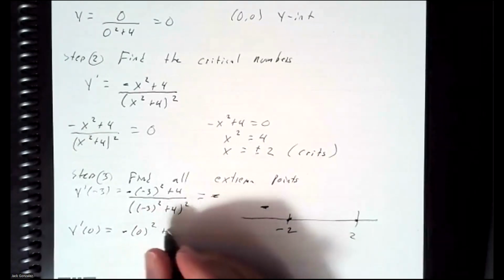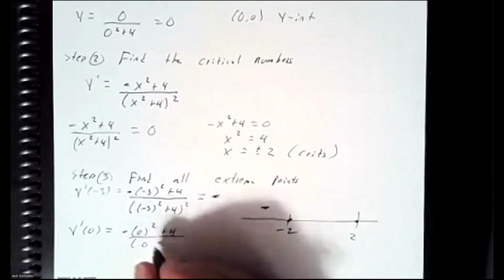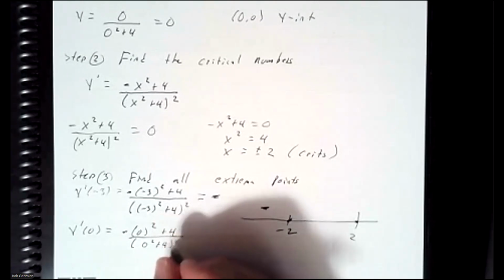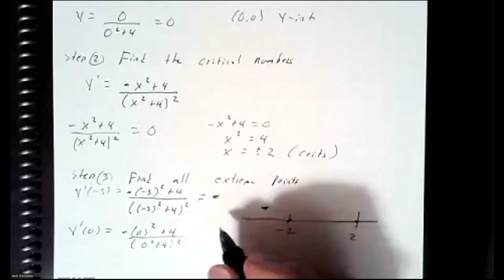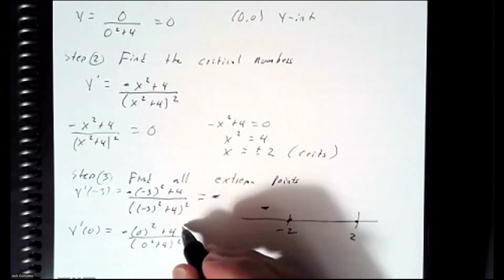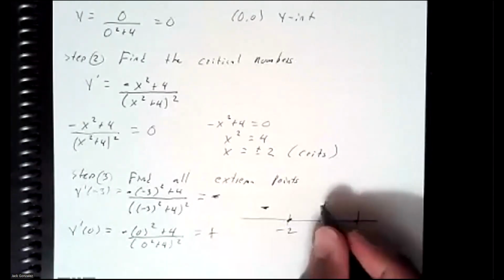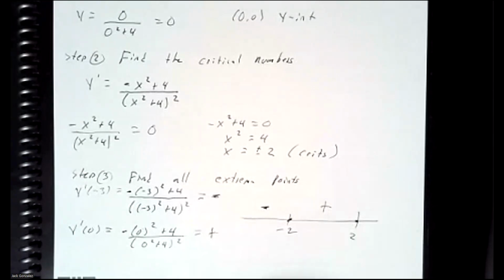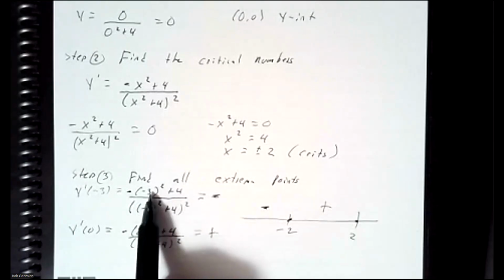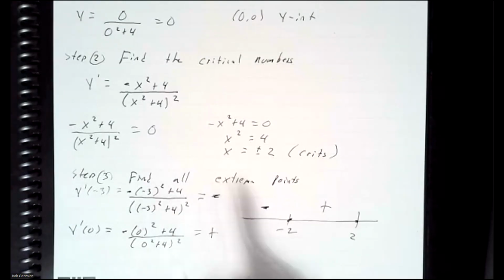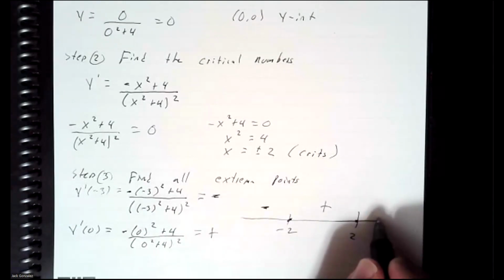0 squared plus 4 over 0 squared plus 4. This is going to be 0 plus 4. It's positive. And do you agree that if I plug in 3, it'd make no difference, but that's as if we were to use a -3? I agree.